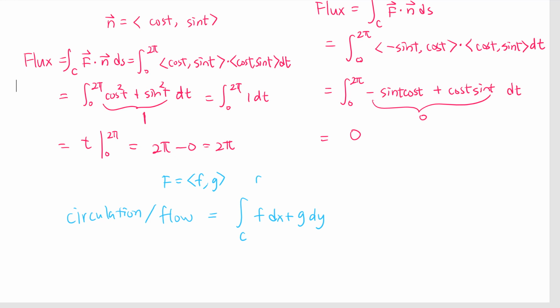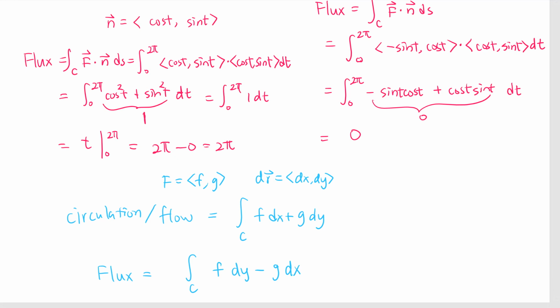We can think about dr as being like dx and dy. Okay, how about the flux? Well, flux is then the integral over C of f dy minus g dx. So far so good, everybody.